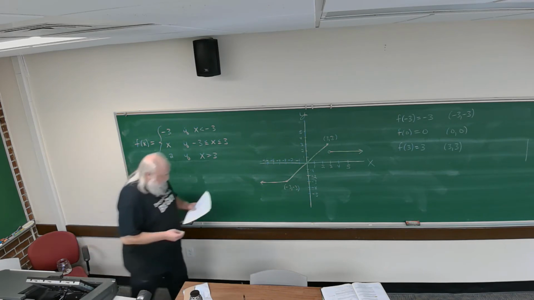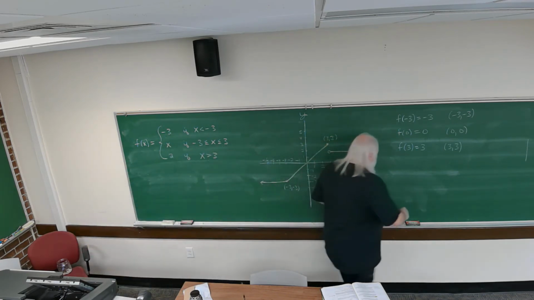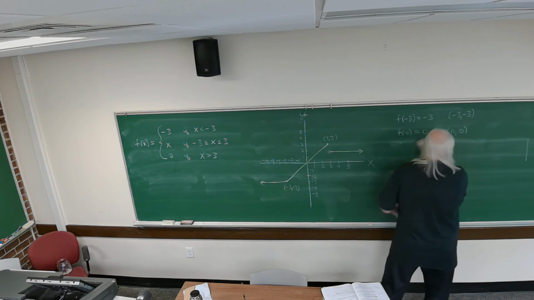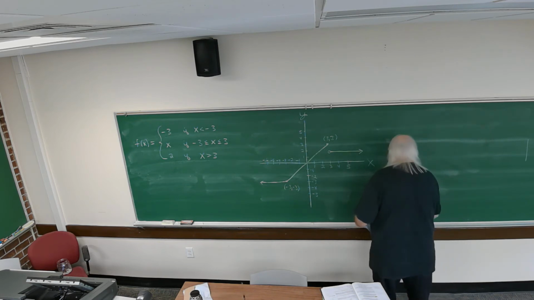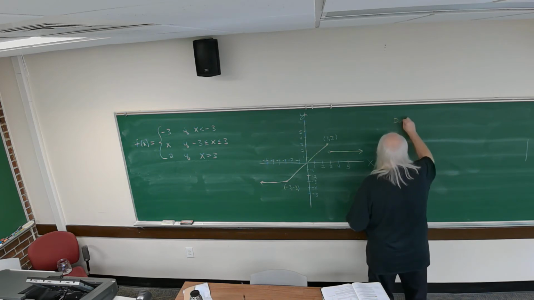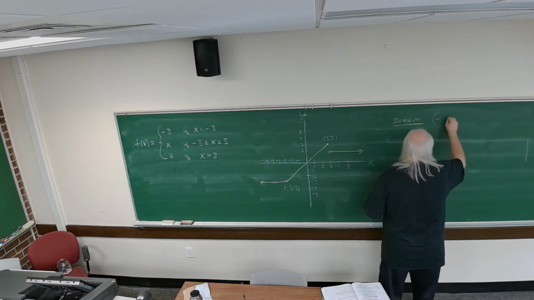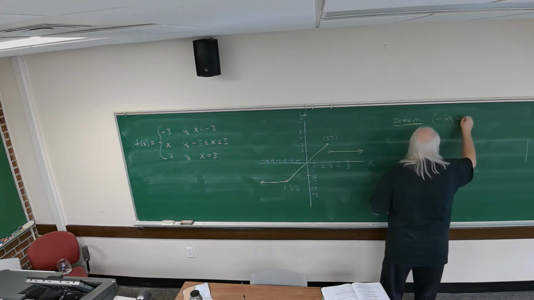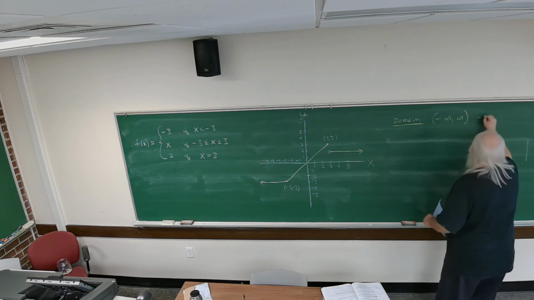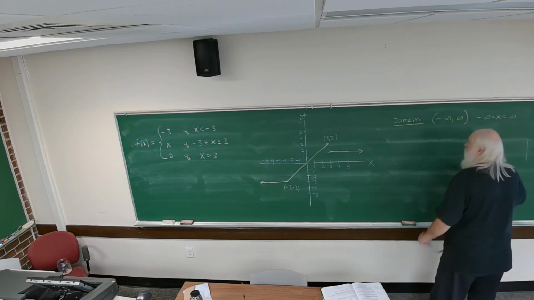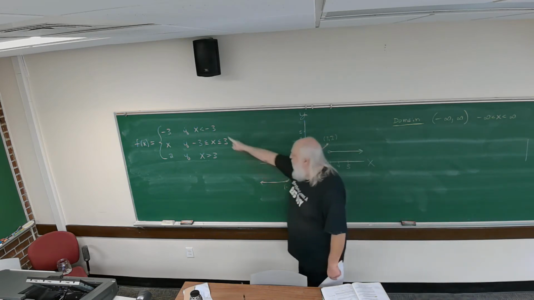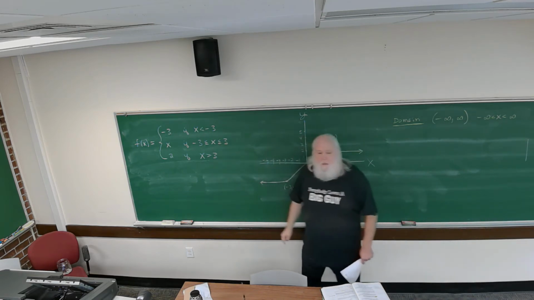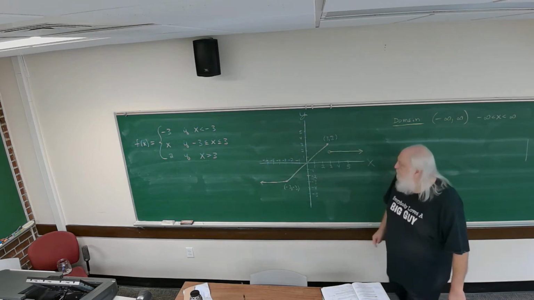Okay. All right. So what's the domain? Domain is all real numbers. When you join all three of these intervals together with the union symbol, you get all the real numbers from minus infinity to plus infinity.